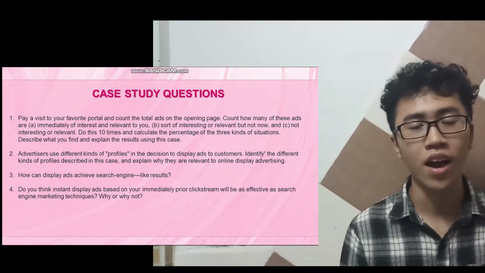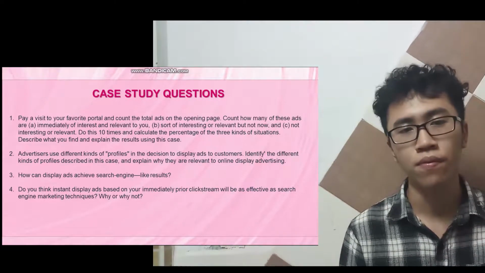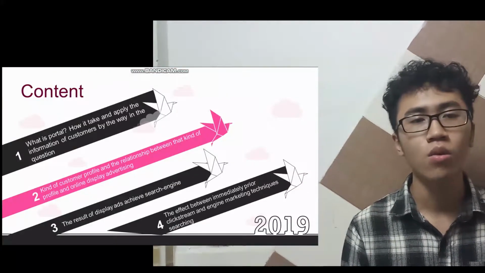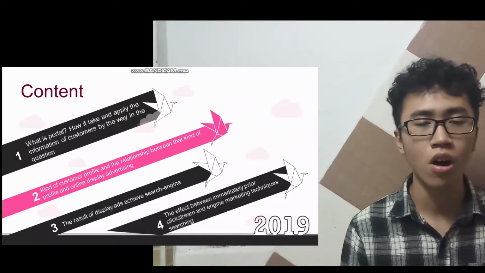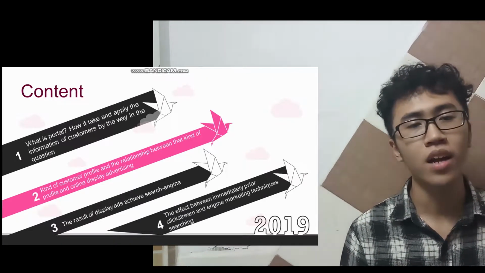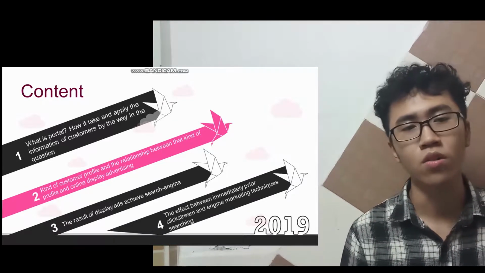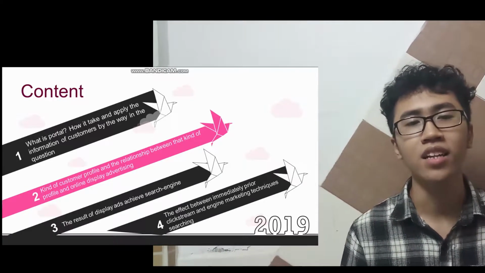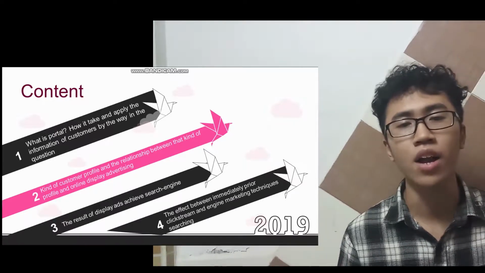I will divide the outline into 4 parts, which will help us know more about this kind of ads. The first part is what a web portal is and how it takes and applies the information of customers in the question.